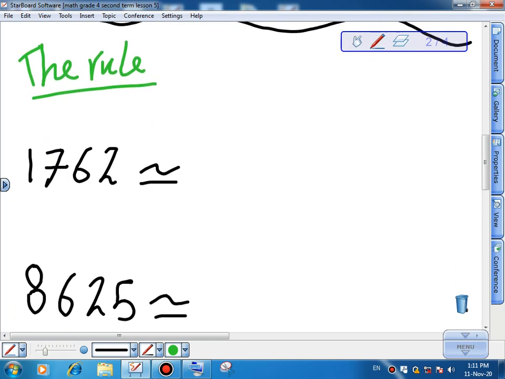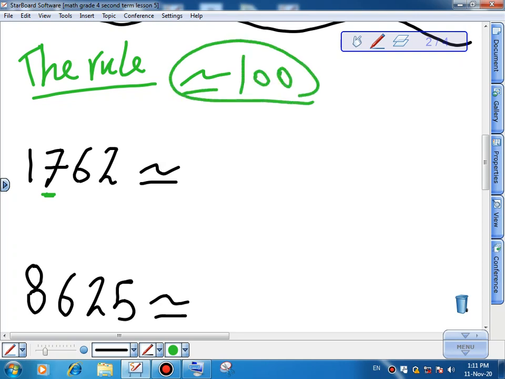So the rule for approximation to the nearest 100: if I need to approximate to the nearest 100, just look to the hundreds place. Remember, if I approximate to the nearest tens, I look to the tens place, which is 6. But in this case, I look to the hundreds place, which is the number 7.